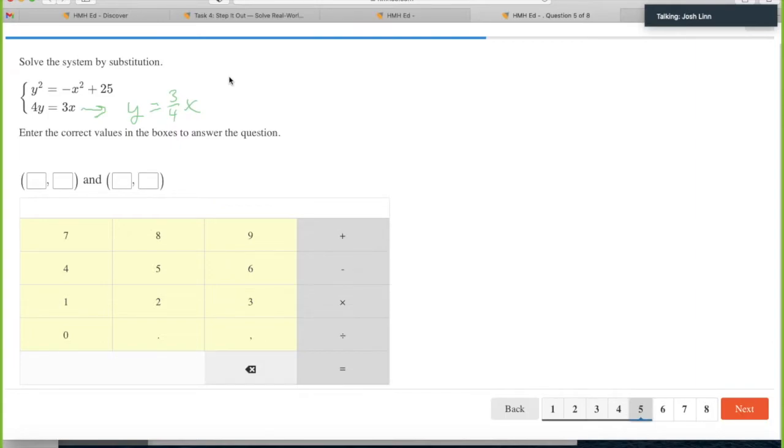And again, we're going to have 3 over 4 x squared equals negative x squared plus 25. So if we square our left side, we're going to have 9 over, what is 4 squared? 16. I knew that. I'm just testing. x squared equals negative x squared plus 25.